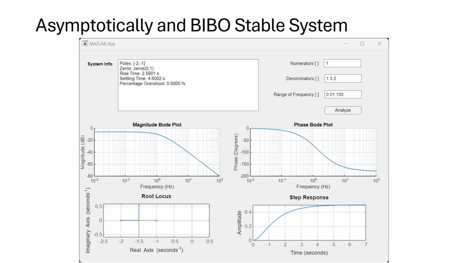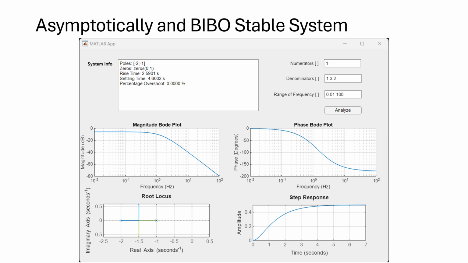So this first example is of a system that is asymptotically and BIBO stable, and it has a transfer function of 1 over s squared plus 3s plus 2, with a range of frequency of 0.01 to 100.